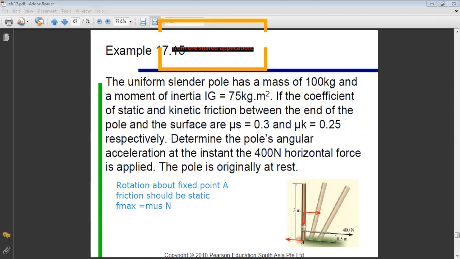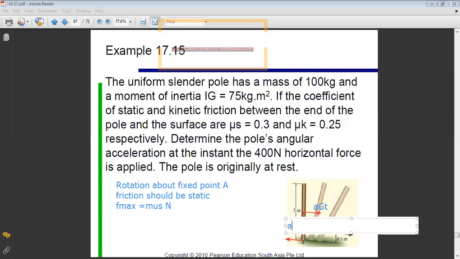But because it's starting from rest, the normal acceleration is 0, since V is 0.